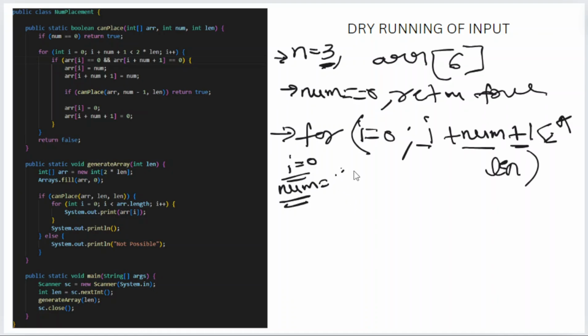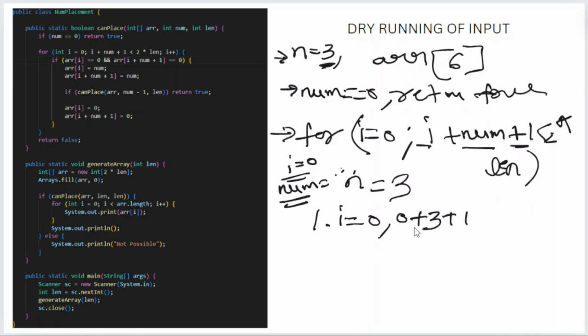So let's try to fill everything up for n equal to 3, and if it is not able to place some element, we'll backtrack to the previous call. So when n is 3, the first thing we get is i equal to 0, and since i equal to 0, 0 plus num is 3 at this point, and this plus 1 is for placing the second instance of 3.